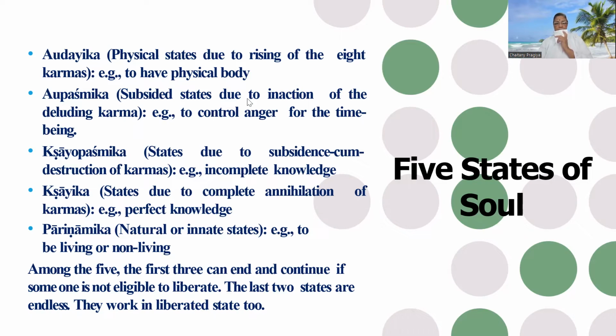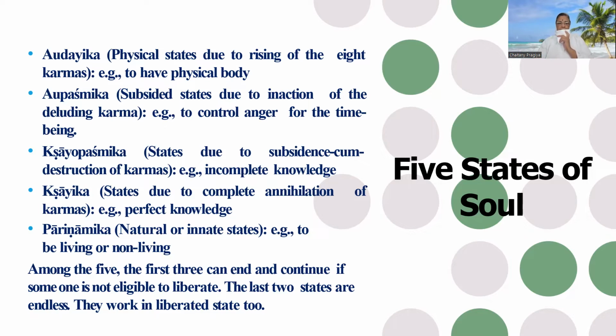Depending on whether we are liberating, we will come out of the physical conditions, all types of physical relations and physical conditions. If we are ending the karmas totally, then there is no such kind of emotions in us, but they are completely eliminated. And in the Kshayopashamik state, we are not perfect, but yes, we have some qualities and we are losing some qualities.